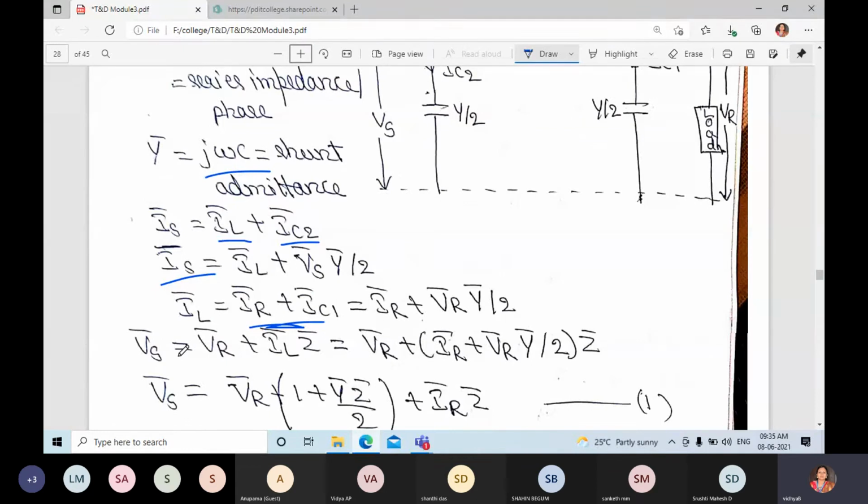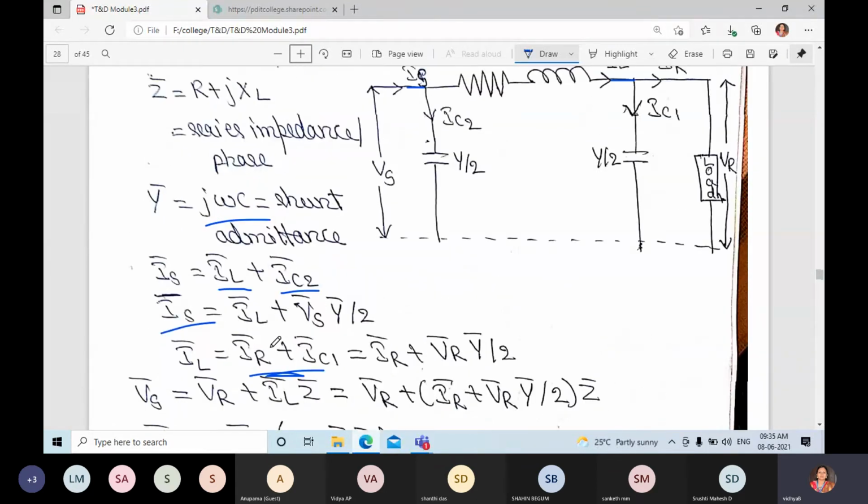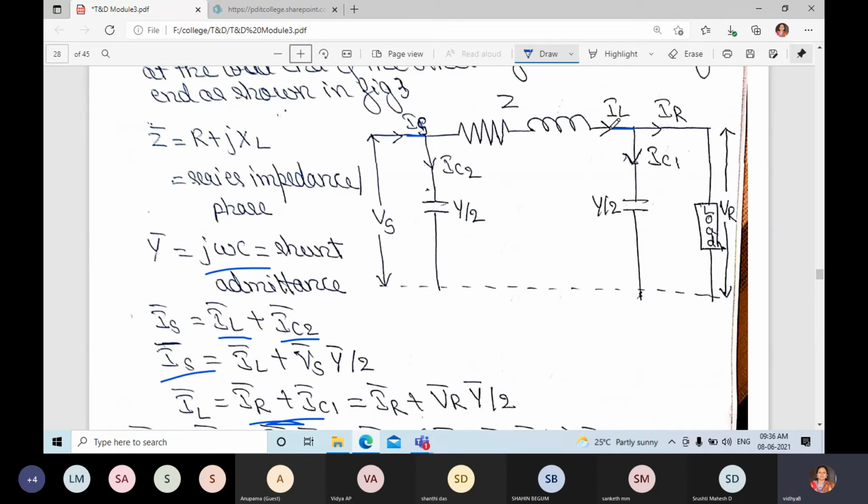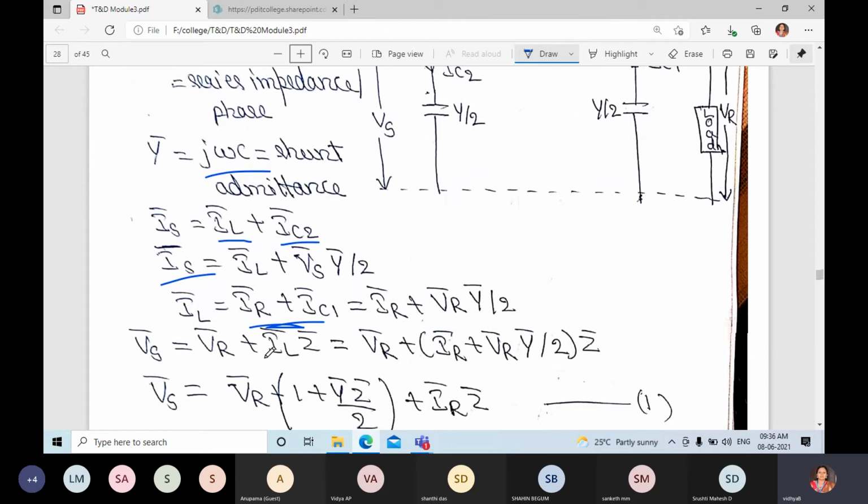Vs vector is equal to VR plus the total IL into Z. Now we need to substitute IL in terms of VR and IR.